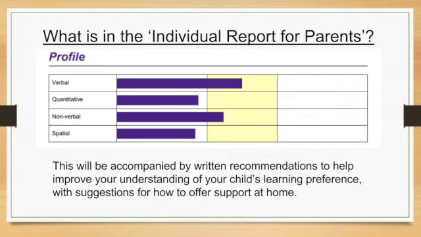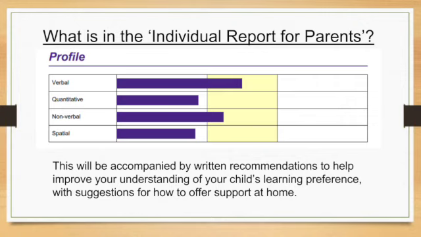If a child's purple bars are coming up to the right hand side, the very top of that to the right would be considered very strong ability or gifted or talented in that area. And again, it gives us important information in terms of how to cater for the strong ability in that area.